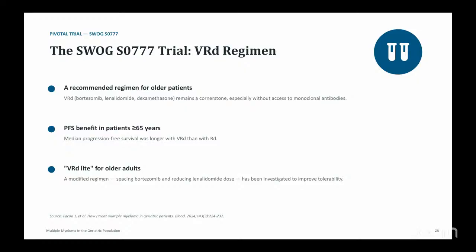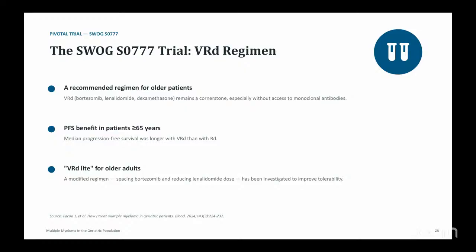That's the progression-free survival. The VRD did improve that. However, the full dose was difficult to tolerate. Therefore, they came up with the VRD-lite approach, which basically had a modified regimen, spacing bortezomib and reducing the lenalidomide dose. This has been investigated to improve tolerability.